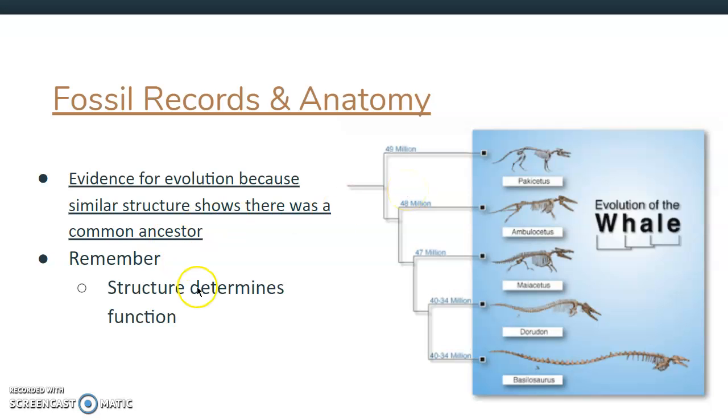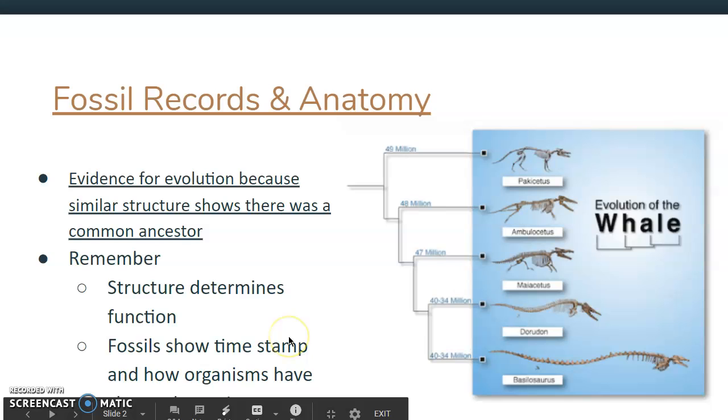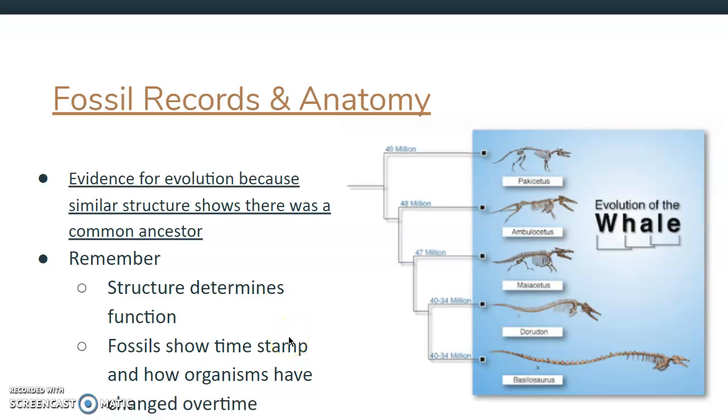Remember that structure determines function. That's really important when we're talking about understanding how animals used to look and used to work, especially in fossils. Fossils give us a snapshot of what things looked like at that time. Fossils show a timestamp of how organisms have changed over time.